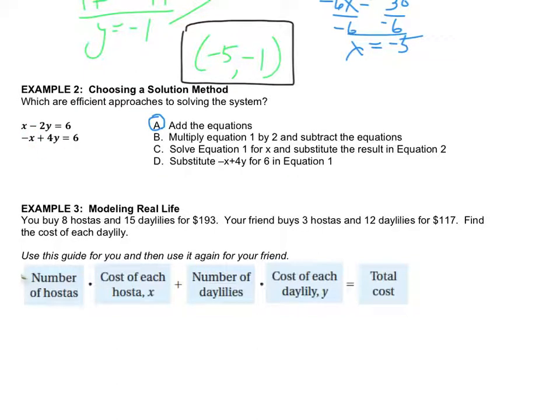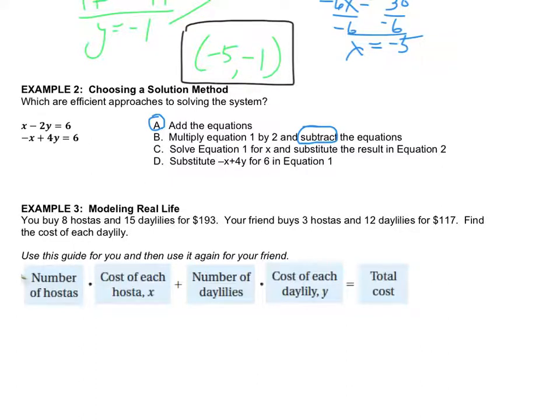However, notice what it says next. Subtract the equations. If I had a minus 4 and I subtracted 4, negative 4y minus 4y is now negative 8y. That's not really efficient. If it said to add these two equations at that point, then yes, I would agree with that.